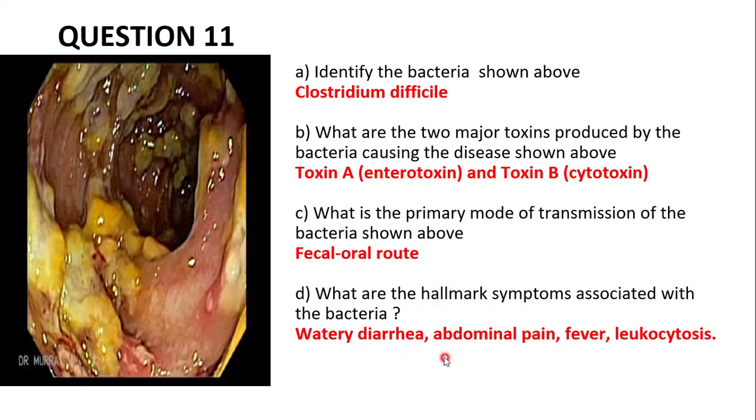So watery diarrhea, abdominal pain, fever, and leukocytosis. Leukocytosis means an increase in the level of the white blood cells. So remember, I told you, any bacteria that you're asked on symptoms, just remember fever. Fever must be in all the bacteria.